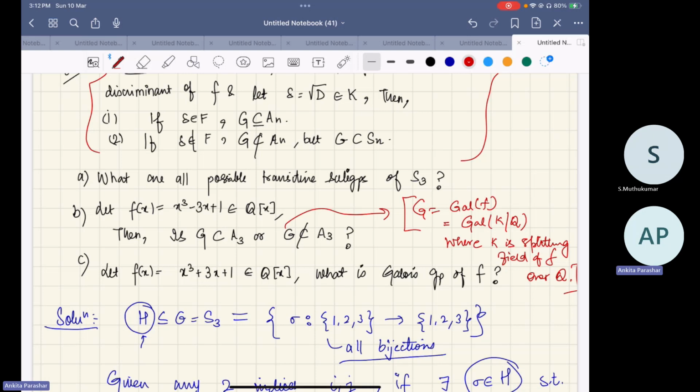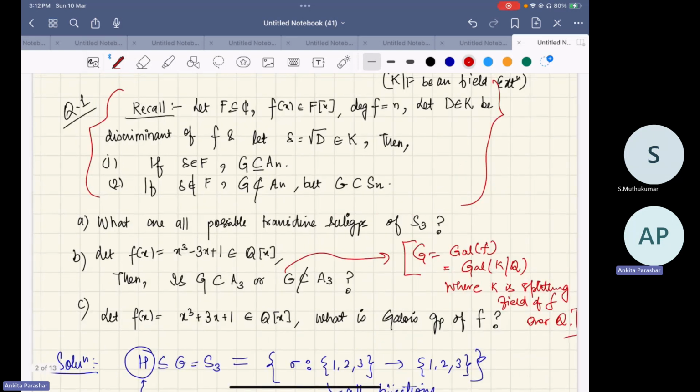I think it depends on a certain condition, as we recalled in the above statement. We are trying to say that whether the Galois group of some polynomial is contained in An or not is determined by some condition on D, right? So if that is the case, we can try finding D. And I think D can give much information about the Galois group of this polynomial F.